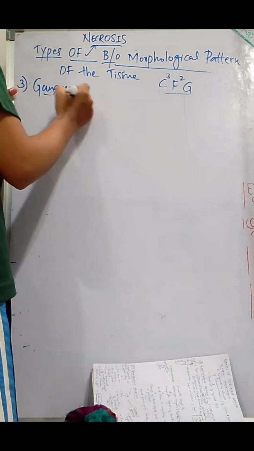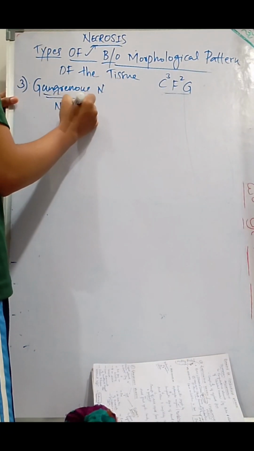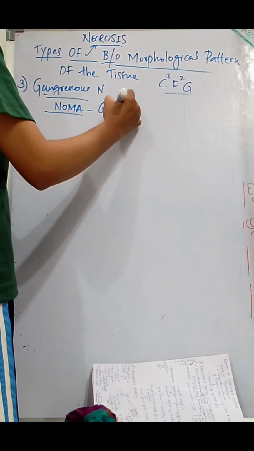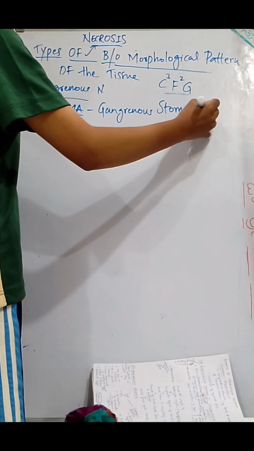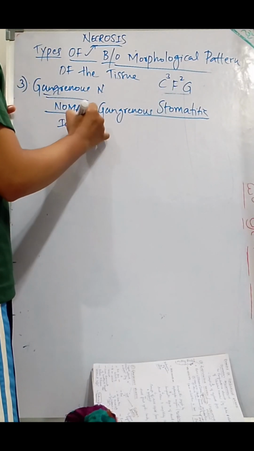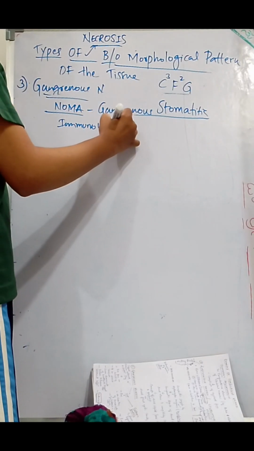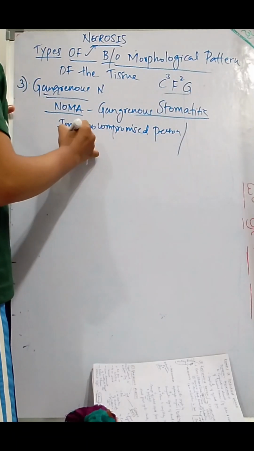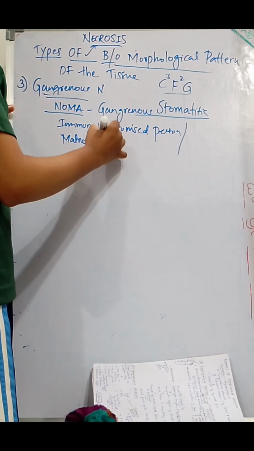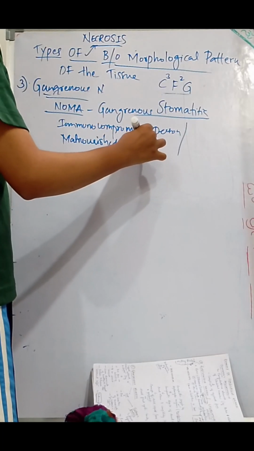So next, noma. It's basically a gangrenous stomatitis. So consider an immunocompromised person or a malnourished African child.